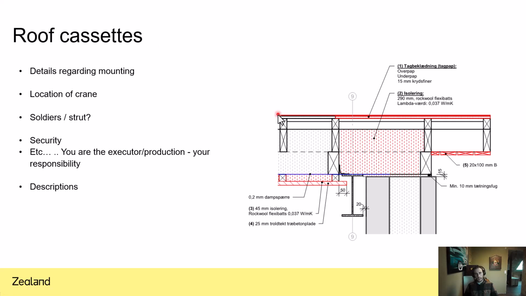So a good way to show that is actually making it red in the detail so the guys know, oh, okay, this is what we should do afterwards, after it's been installed. Also, if there is anything else, it could be insulation we have to install. It could be if we have to put some wood in here, if we have to put in the finishing ceiling, especially the damp proofing, the vapor membrane.